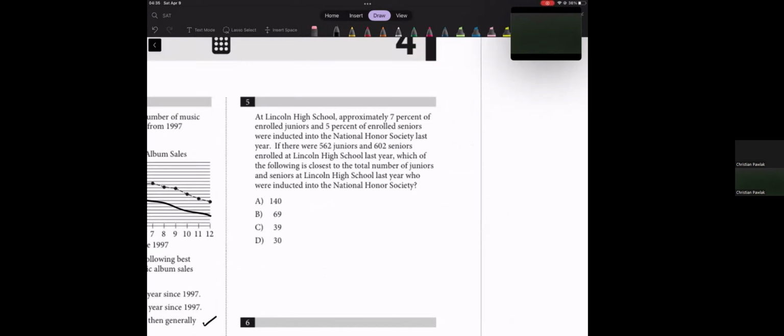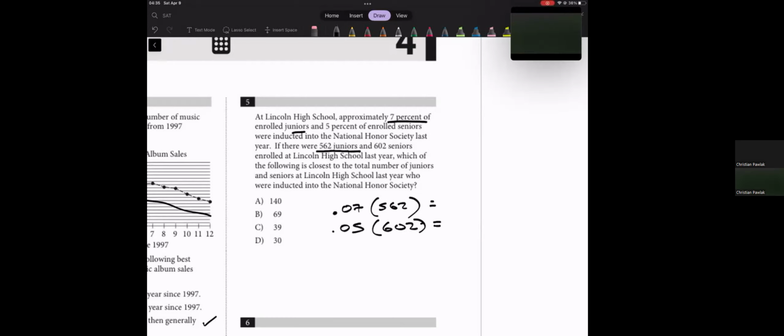For this one, what we're trying to see is there's 7% of all juniors, and there were 562 juniors. So 7%, remember, we have to do 0.07 times 562. And then the same thing is going to be 0.05 times 602. Don't forget to move that decimal place 2 places. And luckily, this is the calculator allowed portion where I can do this kind of stuff.